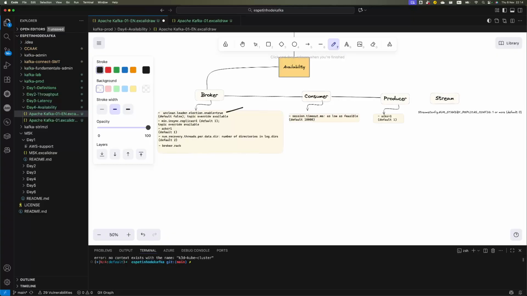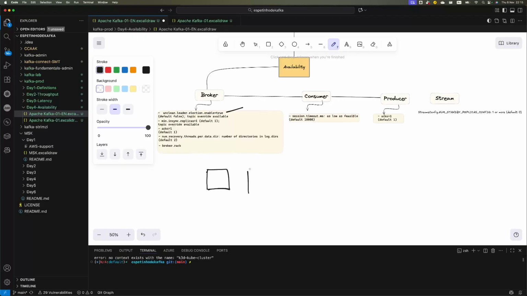The default for this configuration is false, but we can enable it. But if you enable this kind of configuration, keep in mind the Kafka will basically, how can I explain. So let's go here.